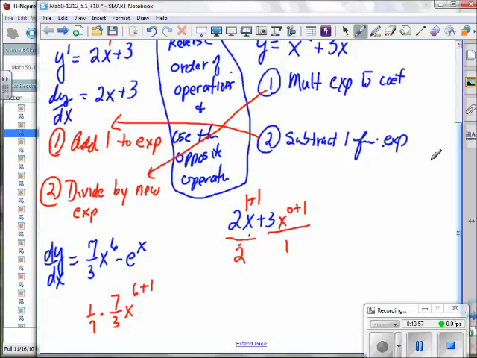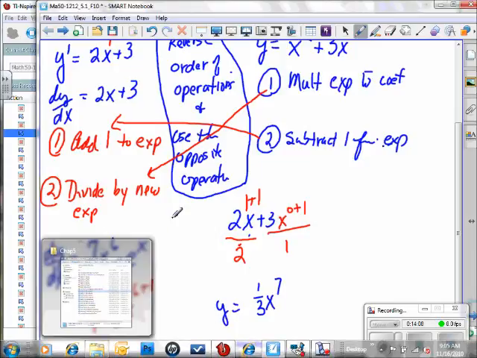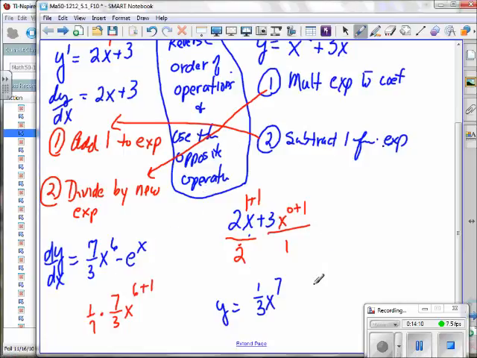Do I get 1/3 x to the 7th? Yeah. What happens to e to the x? Well, e to the x kind of plays by its own game. So it would be minus e to the x. And again, we need to add plus c. So I'm going to go back up here and put the plus c on that. Okay, so there's the rule.